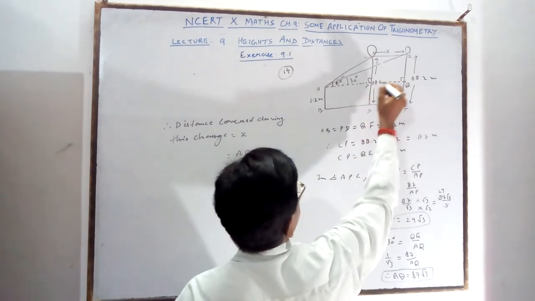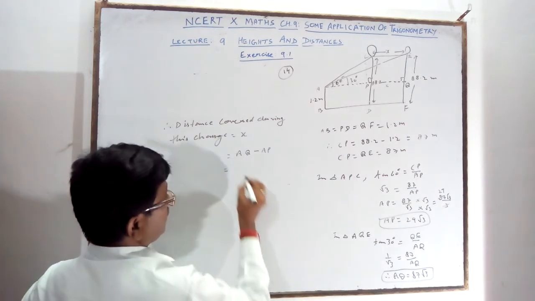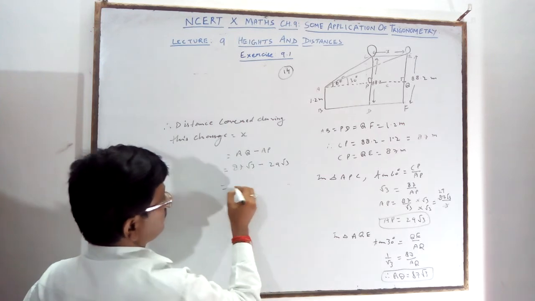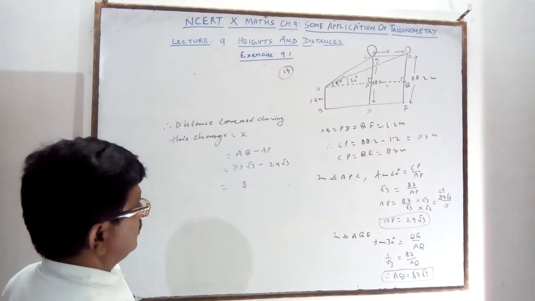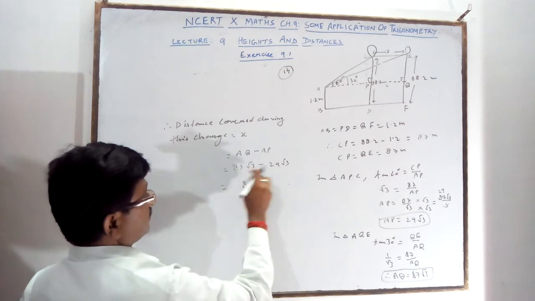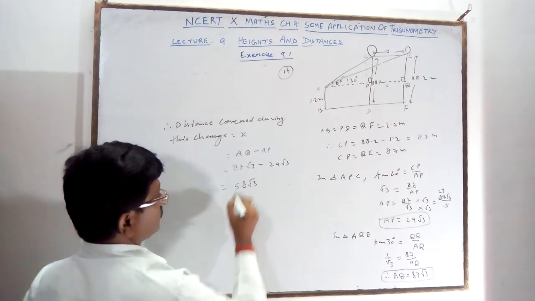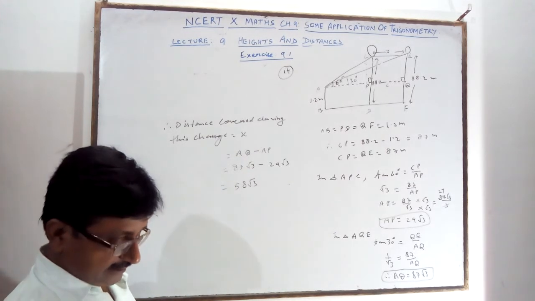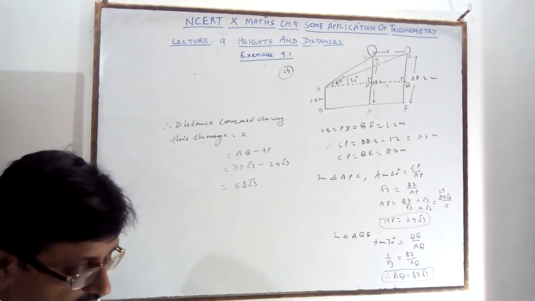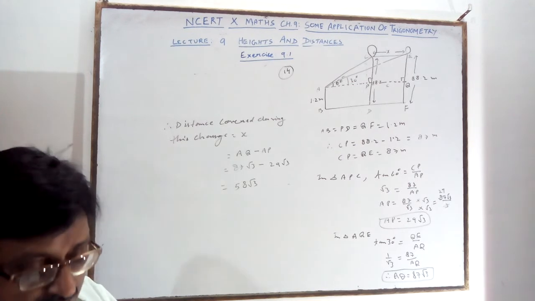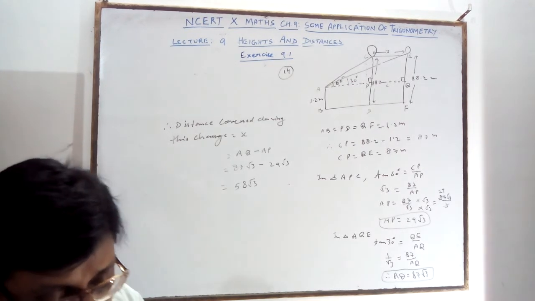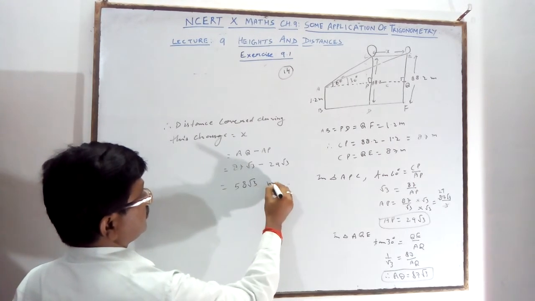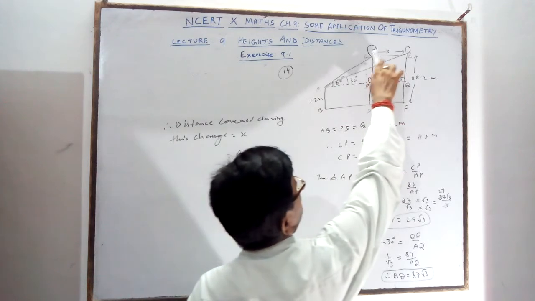AQ is 87 root 3 minus AP is 29 root 3, so you are getting 58 root 3 meters. It is the distance traveled. 58 root 3 meters is the distance covered during this change.